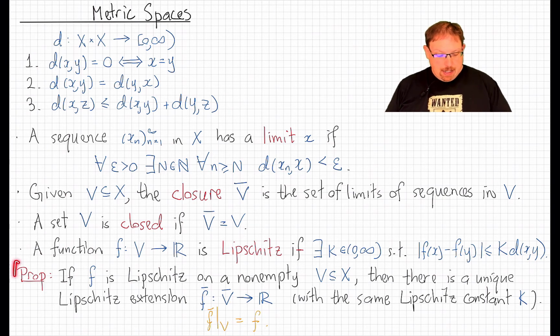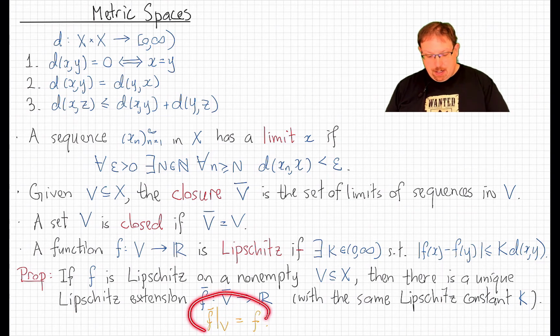And here is a standard important analysis theorem that we're going to use, which is if f is a Lipschitz function on a non-empty subset V of a metric space, then it can be extended uniquely to a Lipschitz function on the closure.